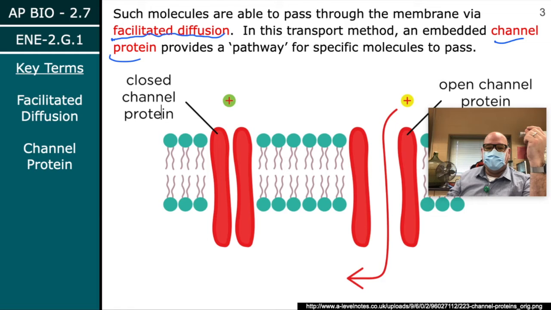Okay, so these give a sort of a door, a pathway, a pipe, a tube, a pump for very specific molecules to pass through. So it's almost like if I had a big garage, I have a door for cars to pass through, and maybe I have a door for people to pass through. So I know that you can walk through a garage door, but you get the idea. Certain doors are for certain things, okay?